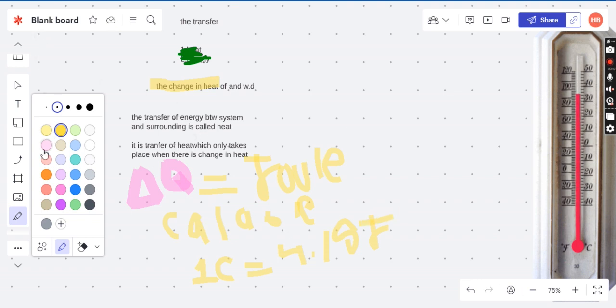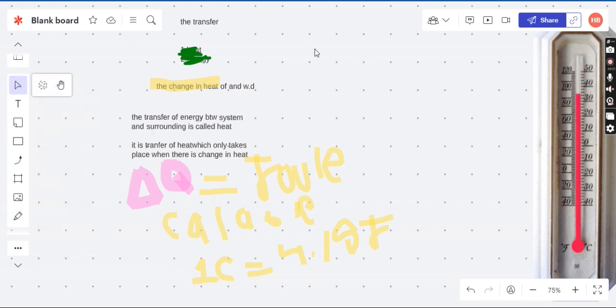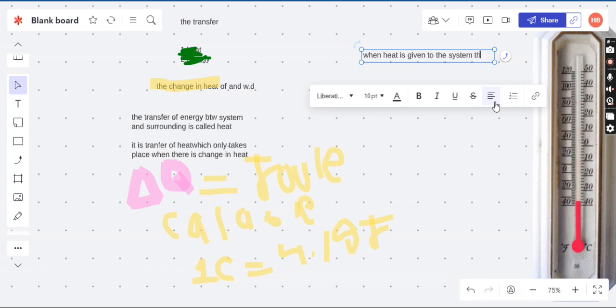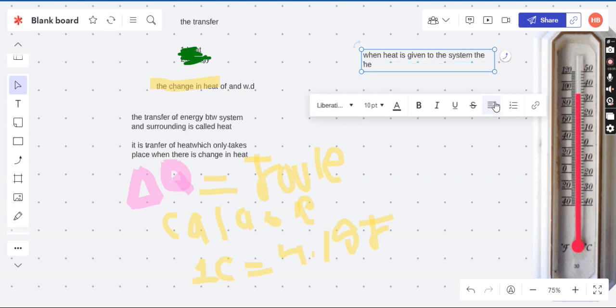These are the key points that you need to remember here. When heat is given to the system, the change in heat is positive. This is endothermic.